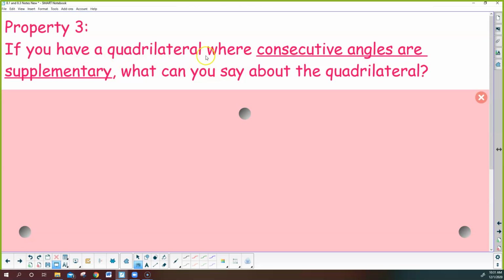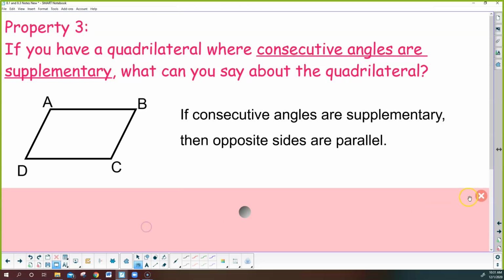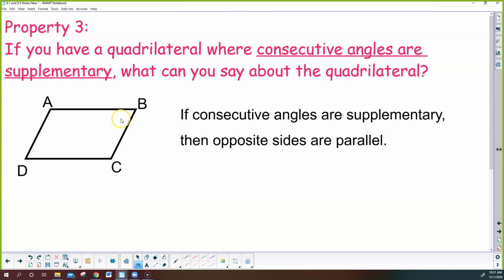What if in a quadrilateral, you know that consecutive angles are supplementary? Wait a minute. Isn't that what we just proved? If you know for sure that consecutive angles are supplementary, so if angle B and angle C, you can clearly see they're not the same, but if it's given, which by the way is kind of like our given information, that means that opposite sides are parallel.